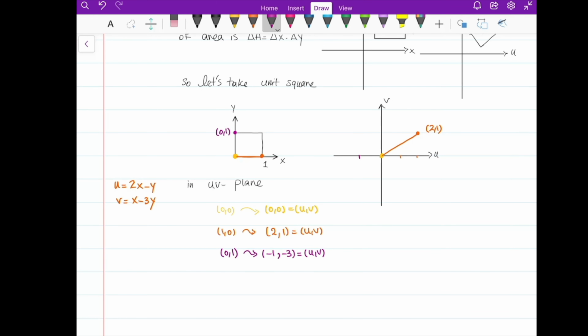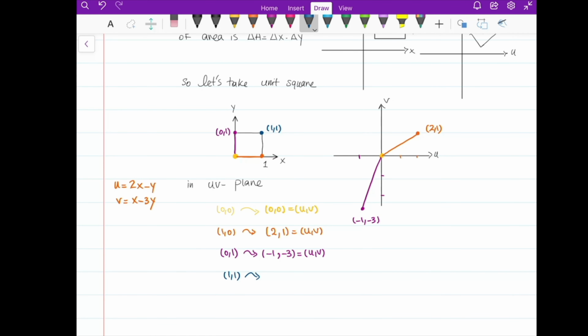So negative 1, and then 1, 2, and then negative 3 would be somewhere in here. So this is negative 1 and negative 3. So this side in the xy plane becomes this side in here.